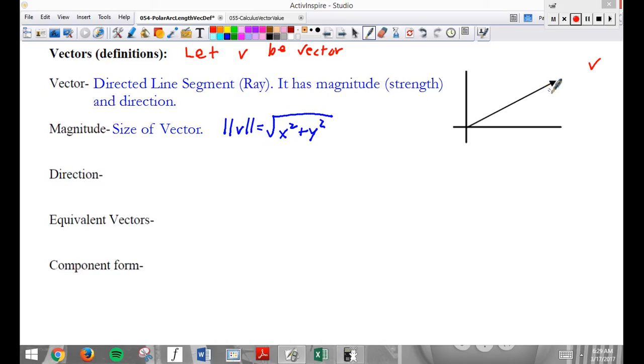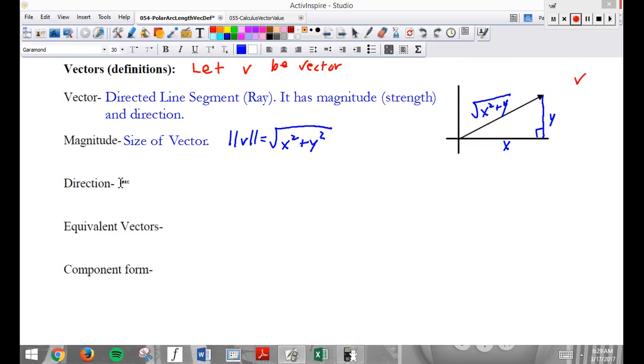The idea is that this vector has a component form, which we'll get to at the end. If I drop an altitude, that's y, that's x. How long is the vector? x squared plus y squared. Size, length of vector, direction.